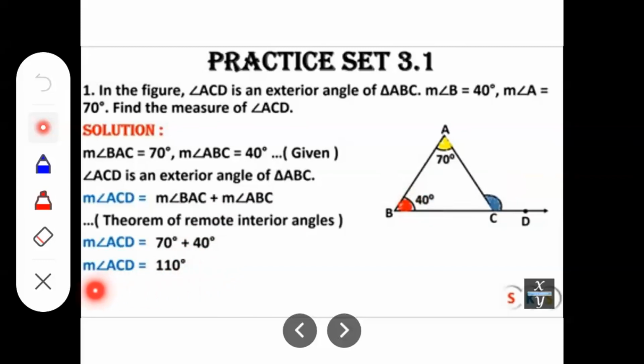So the measurement of ACD is equal to 110 degree. Okay, the addition of these two angles because of remote interior angle theorem. Yes. So very easy example.